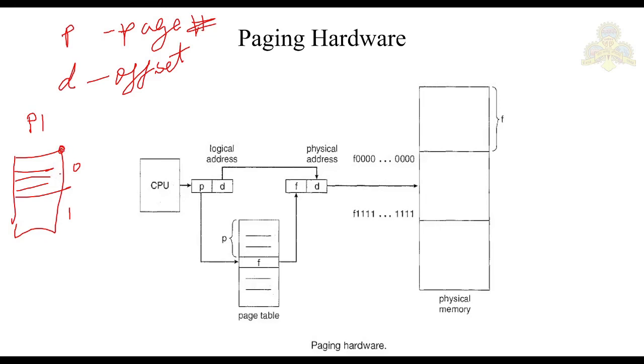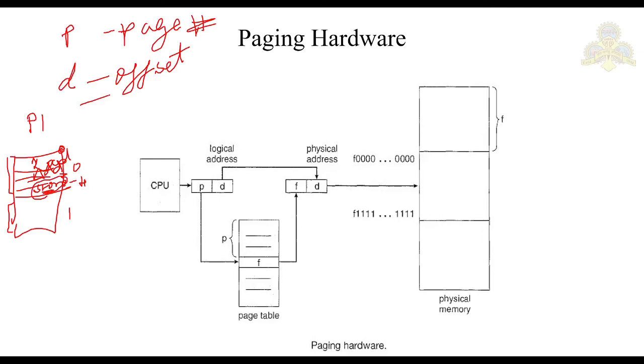Suppose this has a load instruction, then an add instruction, then a store instruction, and the store instruction is present at location 4 inside a particular page. This is one page, this is another page. Each page contains a set of instructions, and to get the actual instruction we need the displacement or offset. To get this particular instruction's location, we can make use of this offset. I'll talk about this again later.